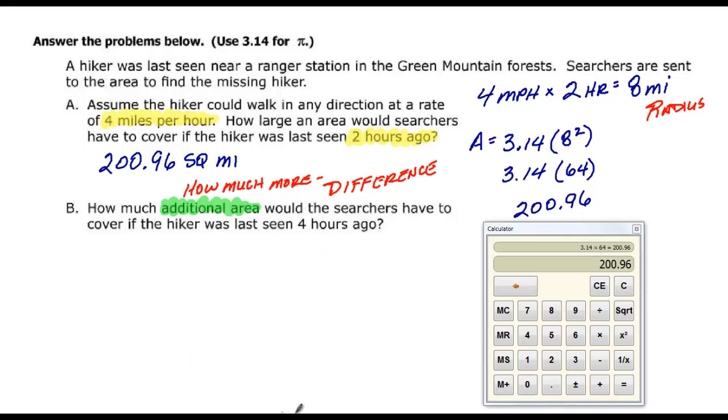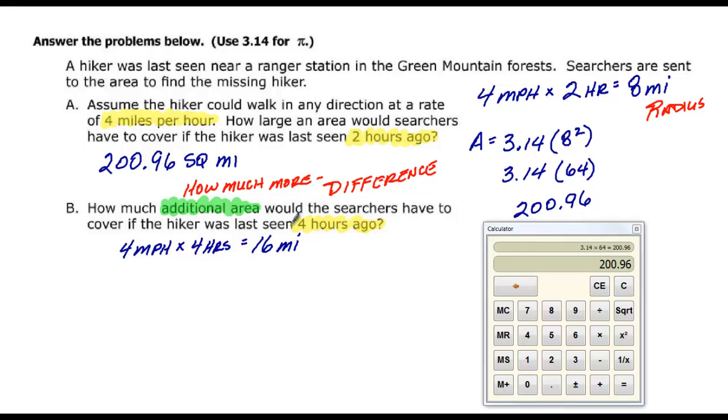So we have one new fact. The one new fact is now it's 4 hours ago. So we have 4 miles per hour times 4 hours equals 16 miles. If you traveled in a straight line, 16.